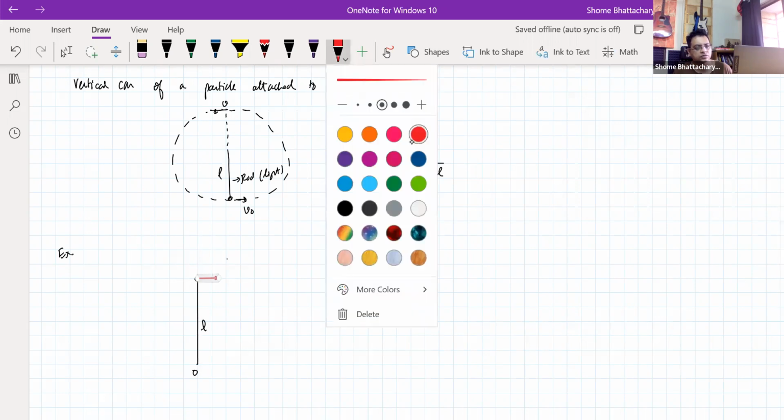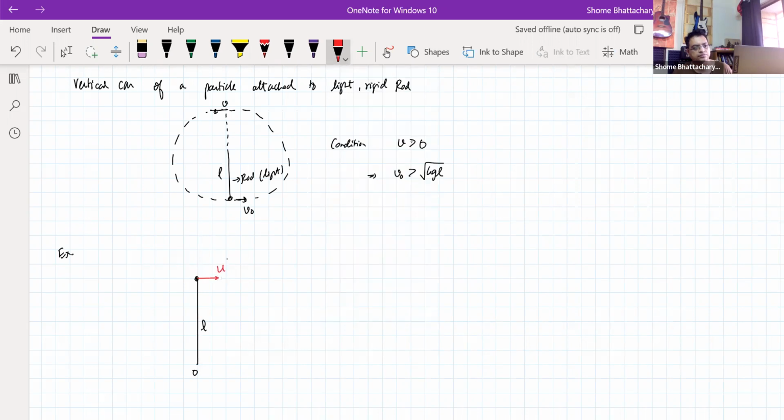The length of the rod here is say 10 meters. Mass of the particle is 2 kilograms. g is 10 meters per second square. The initial speed given is 5 meters per second.